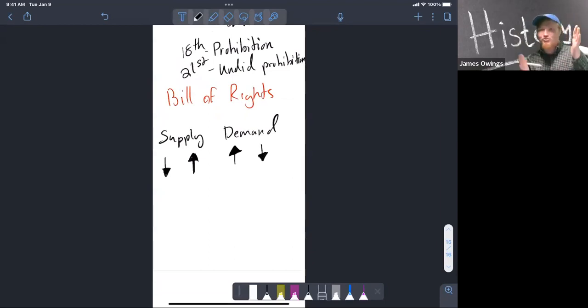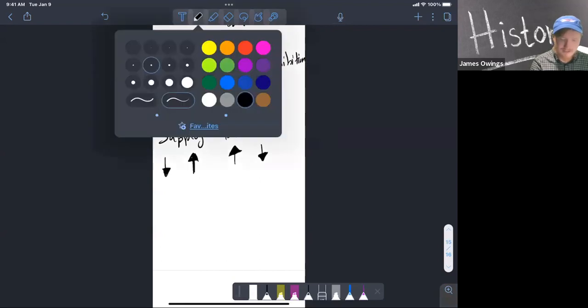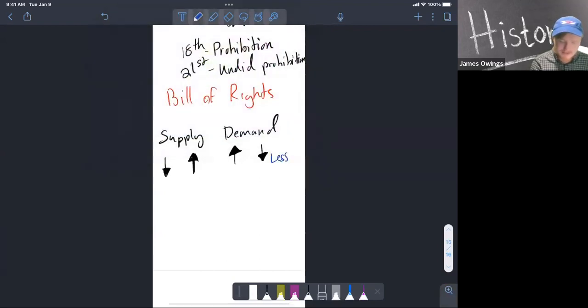So you see that fluctuation going. I'm going to color match it actually. Let's do blue. Less demand, lower price. A higher demand, it's a higher price. Higher supply.